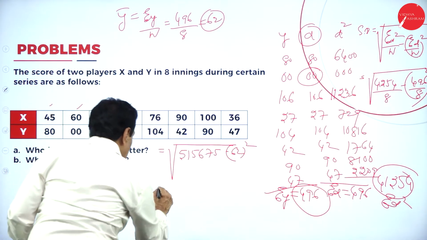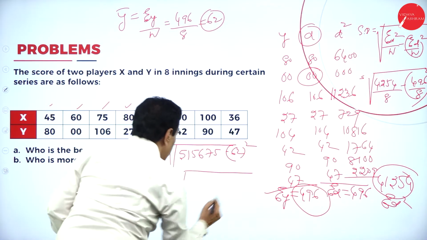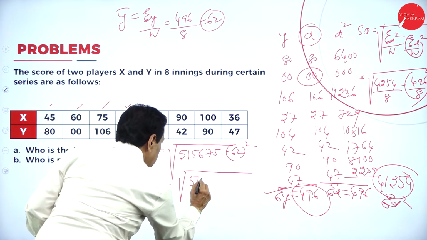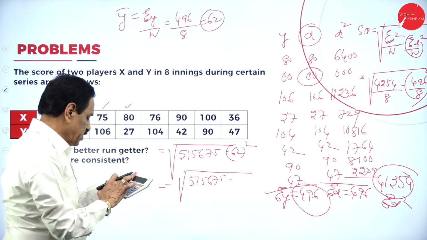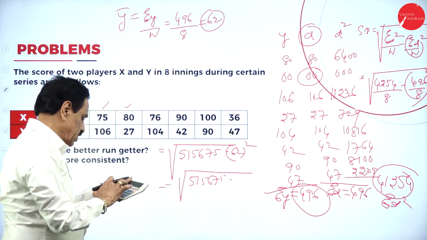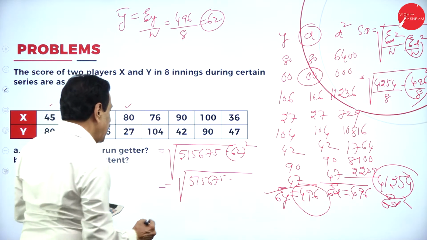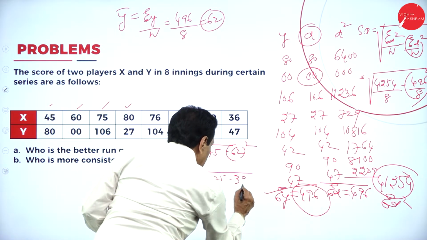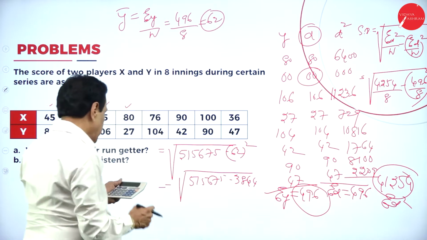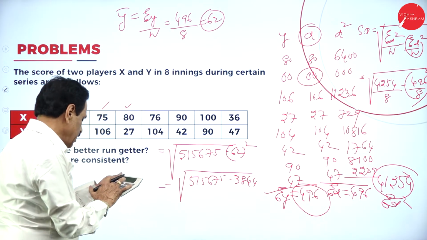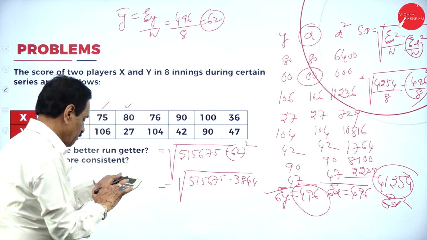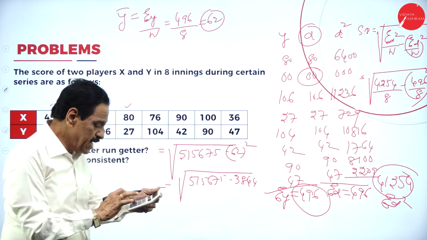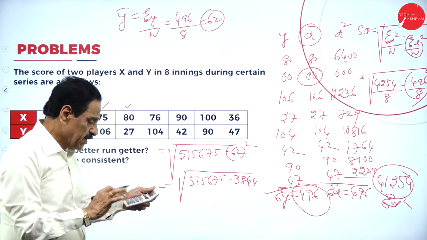Simplify this: root of 5156.75 minus 62 into 62, which is equal to 3844. If we deduct now, 5156.75 minus 3844.